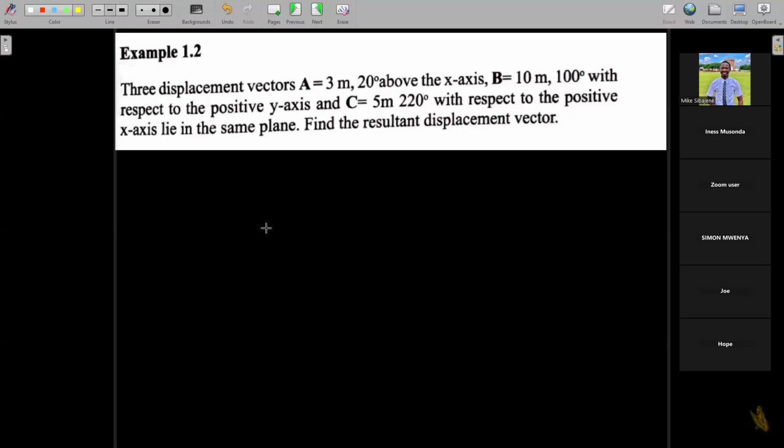So the first thing that we have to do is to graph whatever has been given. For us to understand the question on the board, we have to graph, then we see how we can find the displacement. Okay, so now let's write our xy coordinates, our x and y axes.